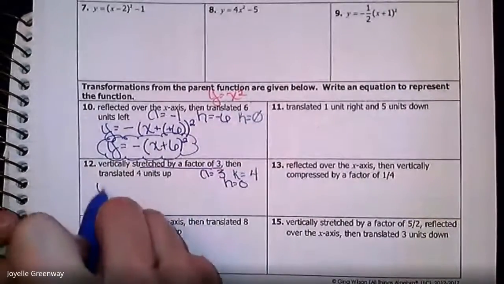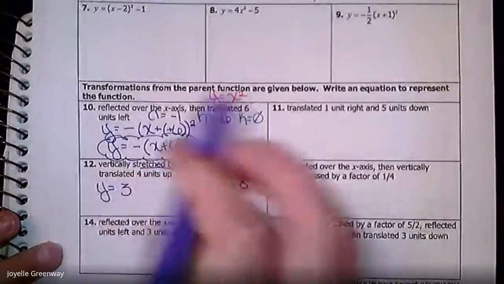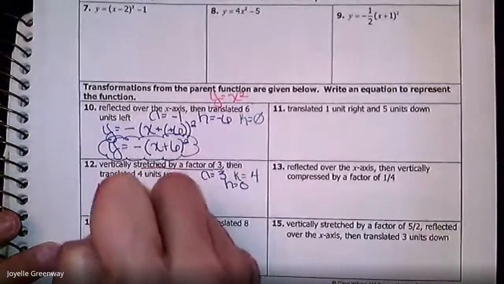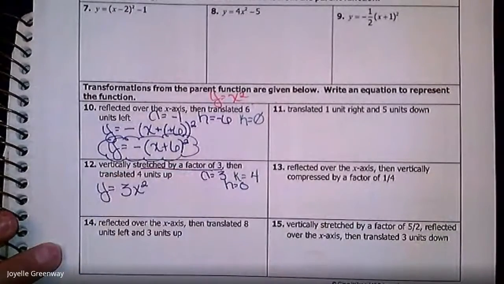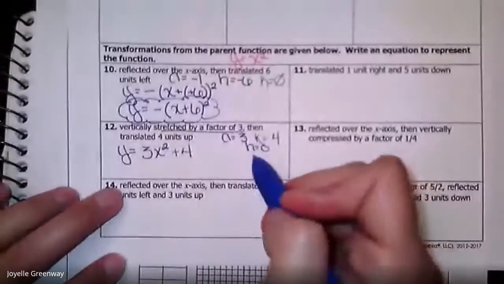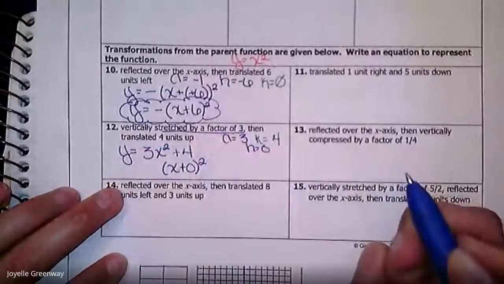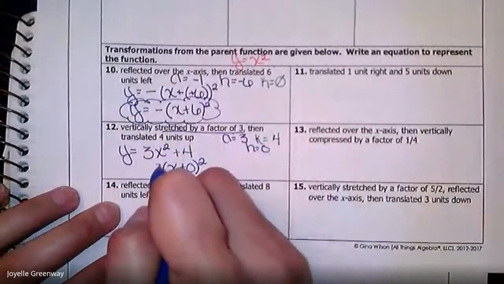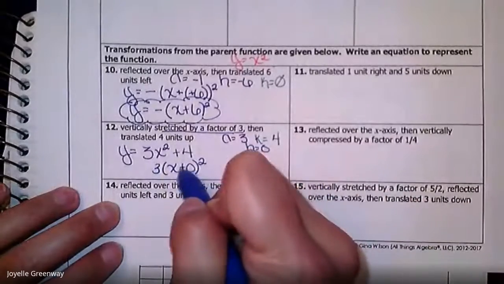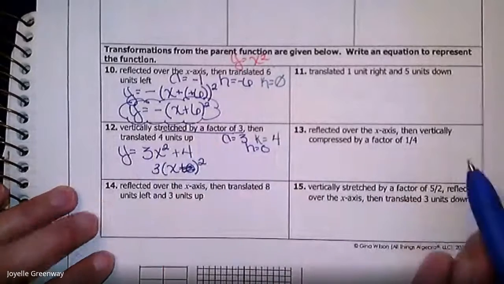So we would say y is equal to 3x squared plus 4. Because if h is 0, you get (x plus 0) quantity squared, and your a is 3, so it looks like that, but x plus 0 is just x, so that's where the 3x squared came from.